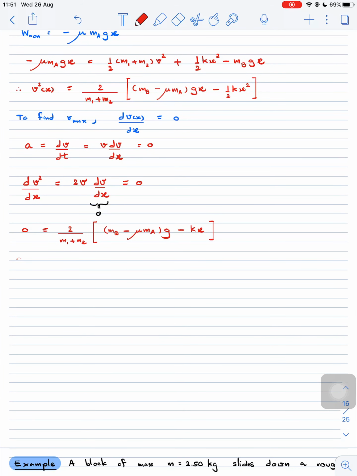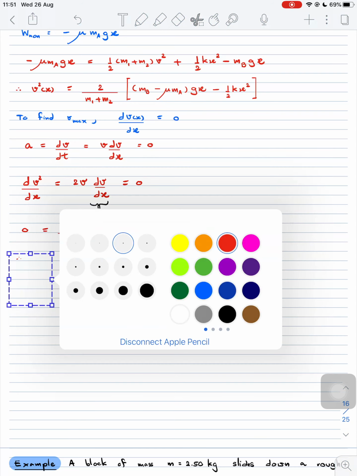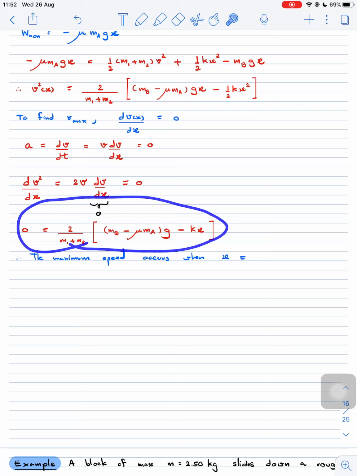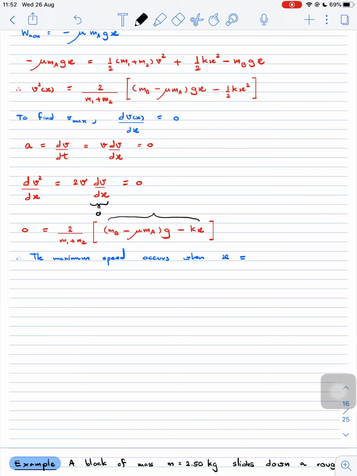So then in this case you can conclude that the maximum speed occurs when the x equal to what? Okay, so now if this term equal to 0, it means that these terms must be equal to the 0 as well.